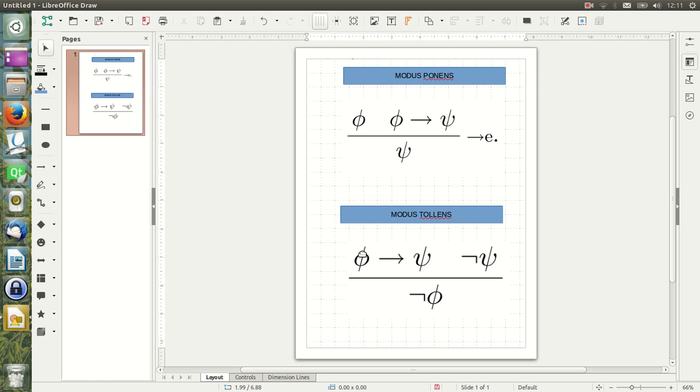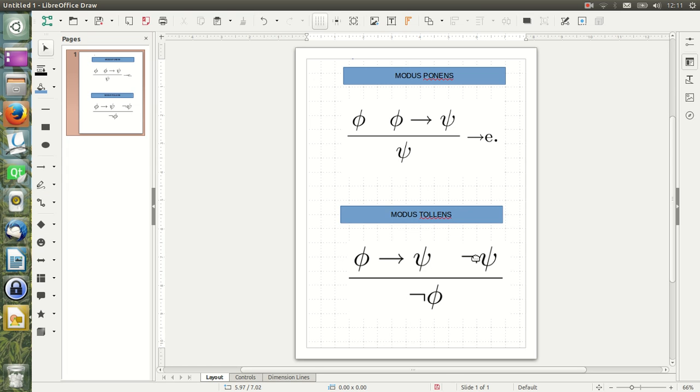After Modus Ponens, there is a variant of implies elimination, which has the Latin name Modus Tollens. Suppose that phi implies c, and we have the case that c is false. Thus, c and the negation of c together is impossible in this situation.